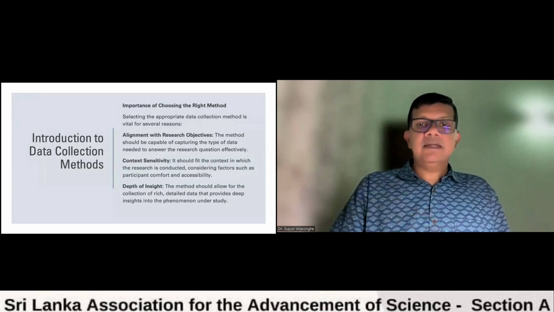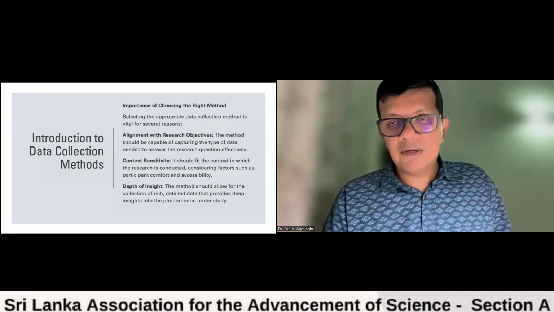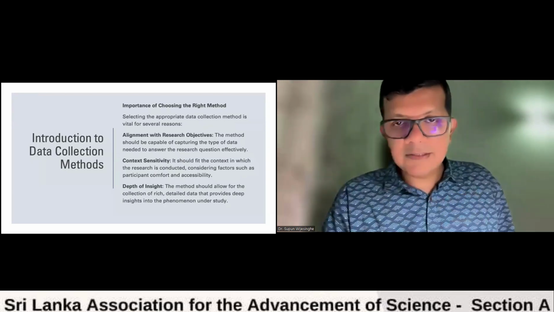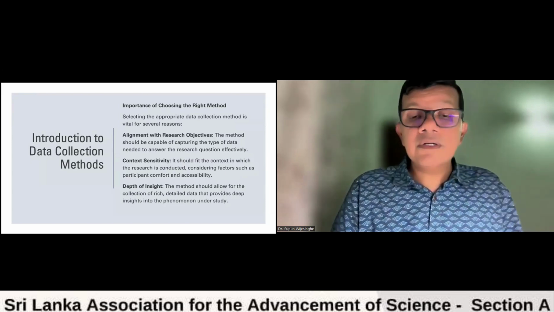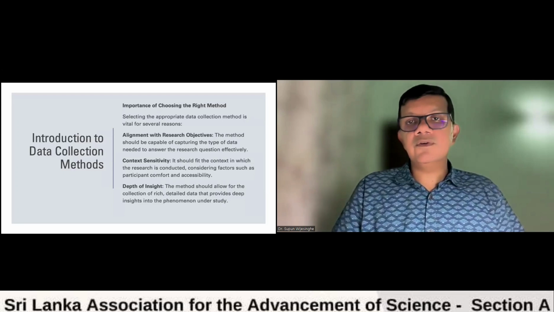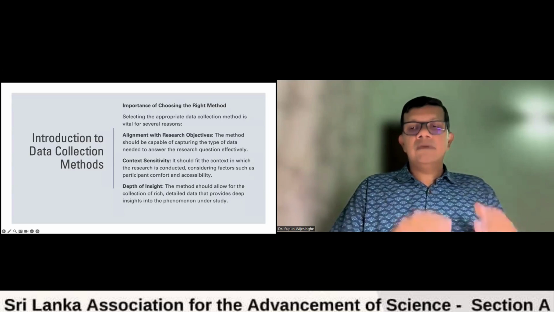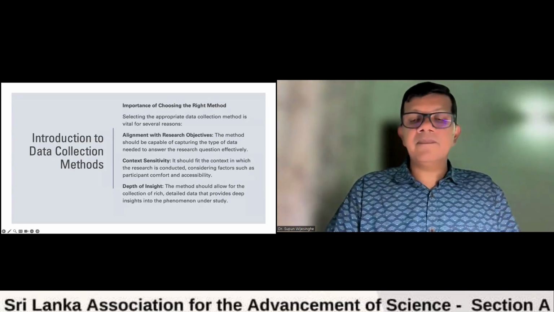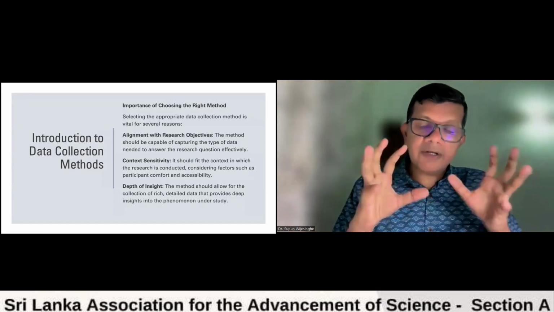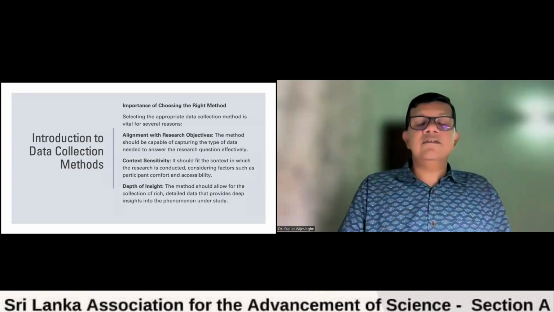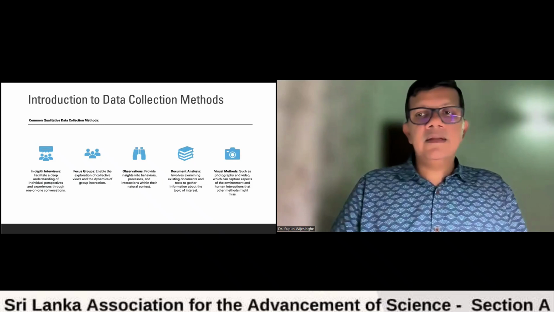How to select one depends on your research objective, context sensitivity, what sort of thing you are studying, and how much depth of insight you need. Whether you want to go deeply into details, that's one way, or whether you want a very short, narrow, fast, quick insight, that is different. So based on that, you have a variety of data collection methods.